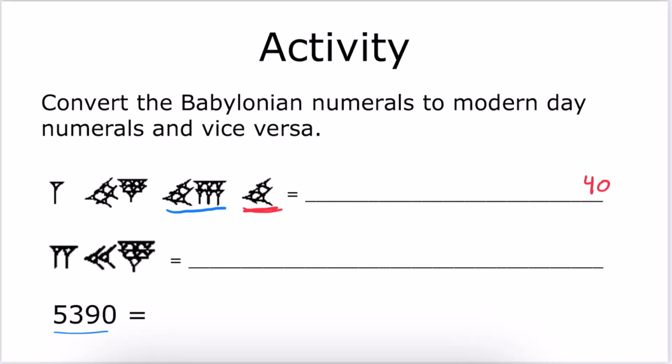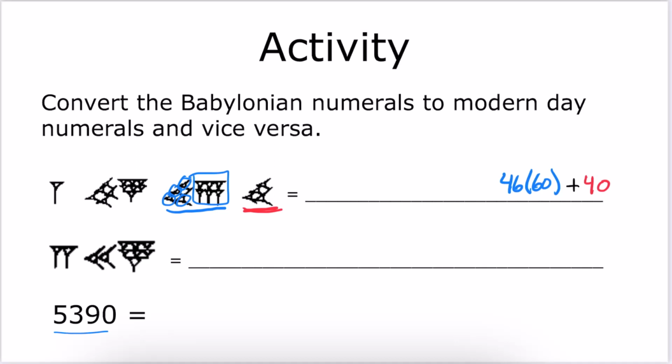So the number of 60s that I have is 10, 20, 30, 40, and then it looks like I have 6 ones. So I have 46 60s.